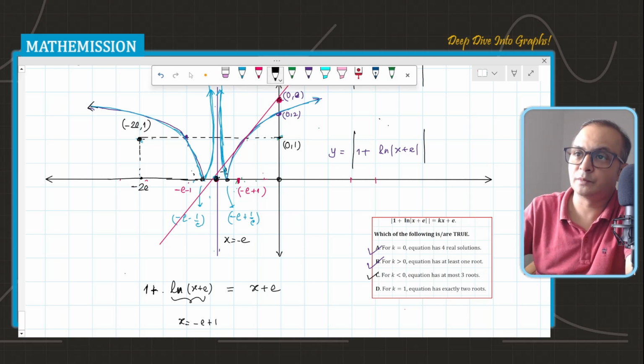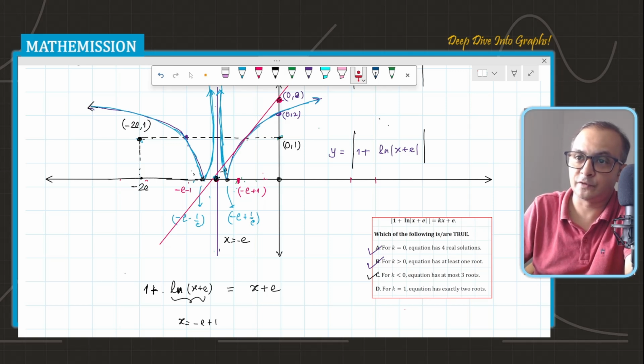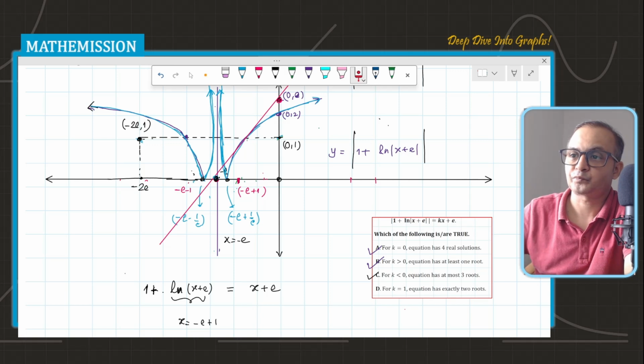And you can also observe this with the graph, because you have shifted that graph 1 unit above only. And at this point, the red line is also taking the same value. It means it should touch this graph one time at minus e plus 1, and it should intersect the branch of this graph at a point below minus e plus 1 by e.